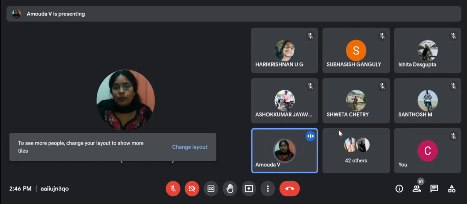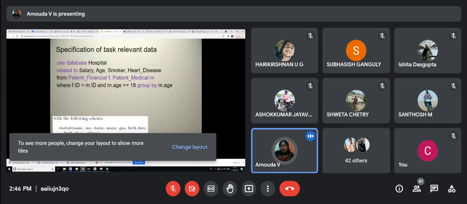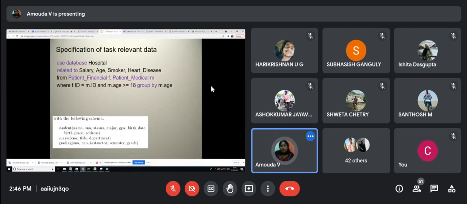Salary, age, smoker, heart disease. These are all tables already created, which are there in the database. And from these, which attribute do you want? Patient financial, F. Here itself we are saying this is shortened by F. Patient medical, M. Where patient financial must have a common ID with patient medical.